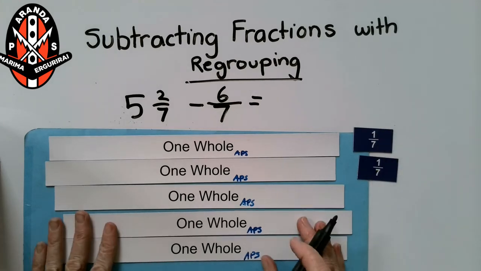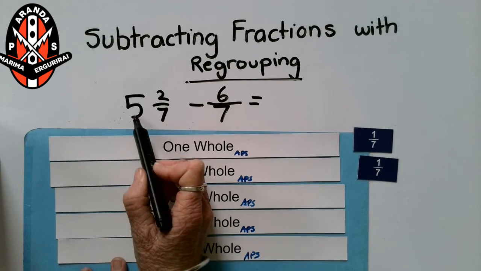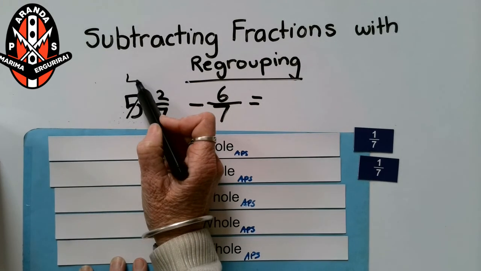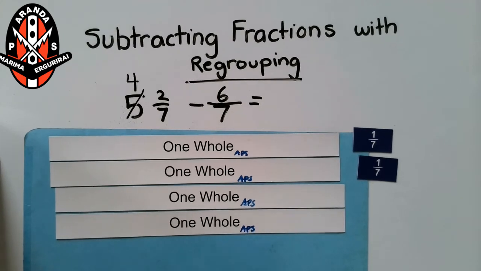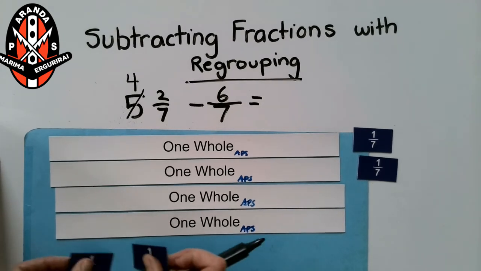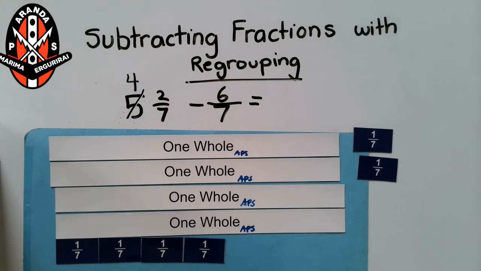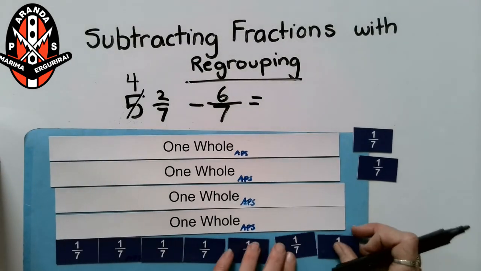So like we do with our whole numbers, we go to the next highest place value. So this is the 5. I'm going to take 1 whole out of there. So I've got 4 wholes left. Now I know that 7/7 is equal to 1 whole. So I will now replace that 1 whole.